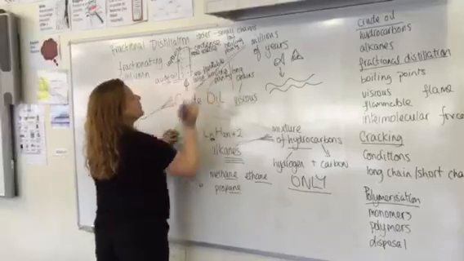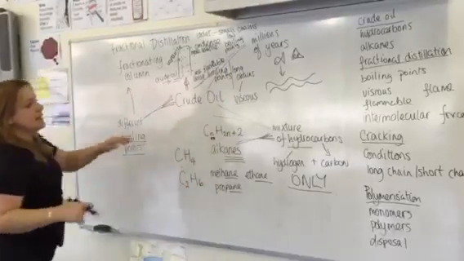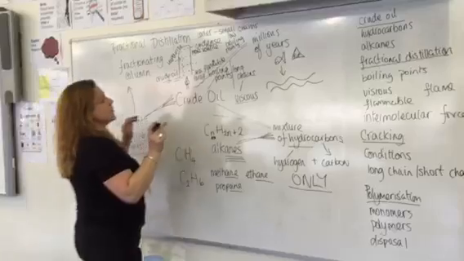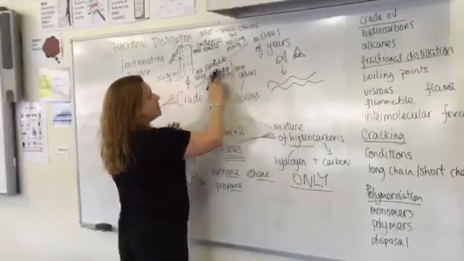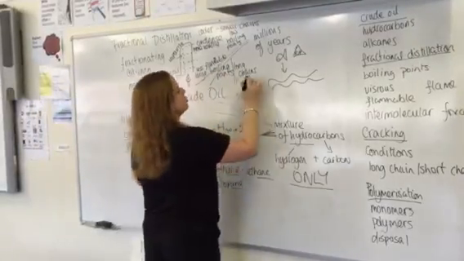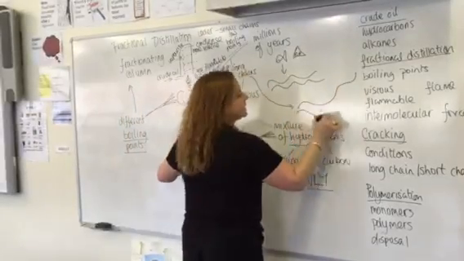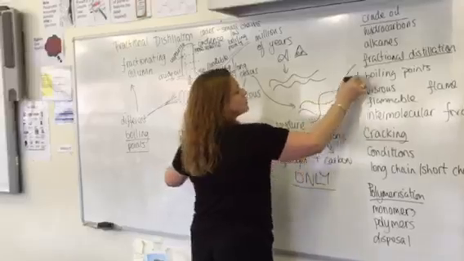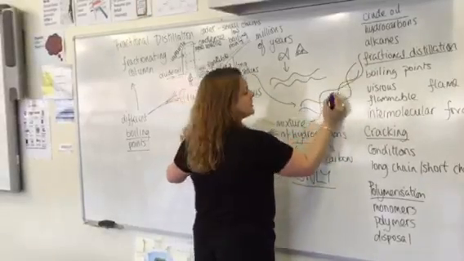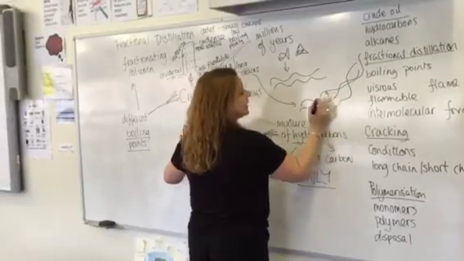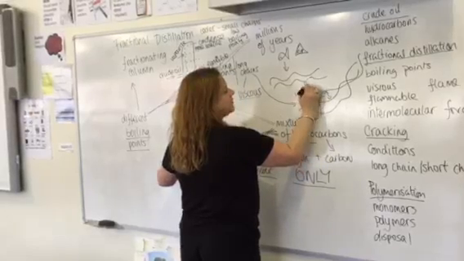2. Flammable. Okay, so the reason these have got really, really high boiling points is because they've got long chains. Now these long chains, what they do, they're like spaghetti, okay, and they all cross over with each other, and in between these chains you get weak intermolecular forces.